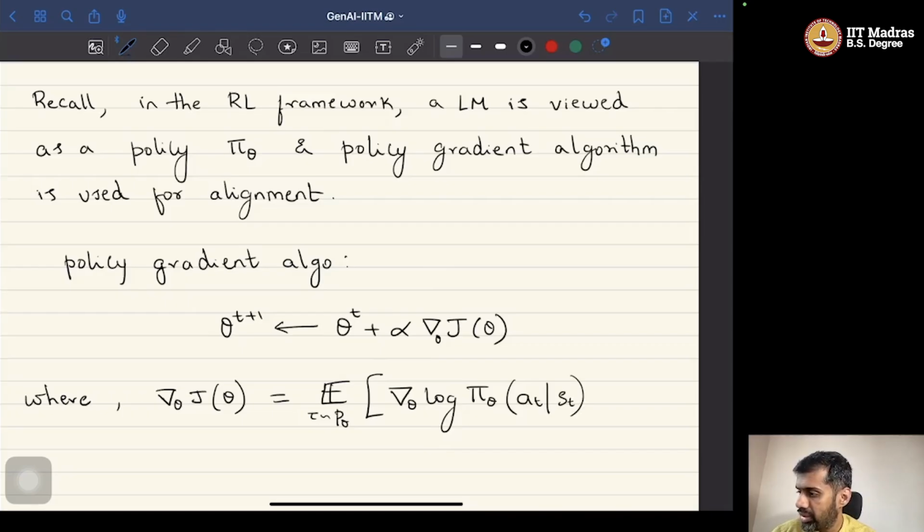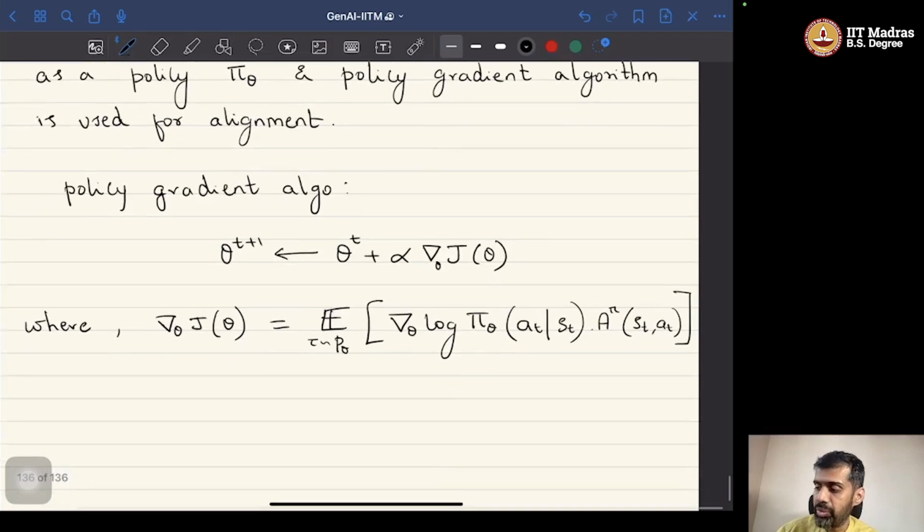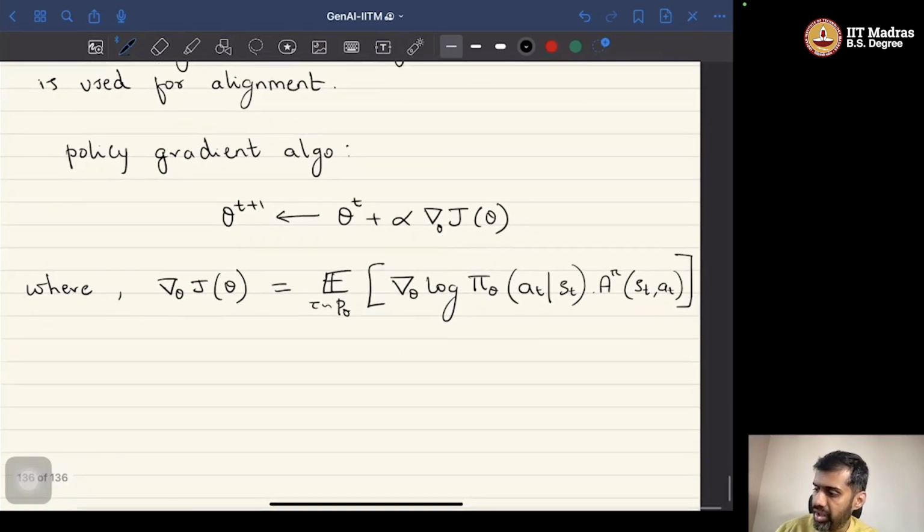We saw this times the advantage function. So this was the definition of the gradient of the objective function that would be used in the policy gradient theorem, right?